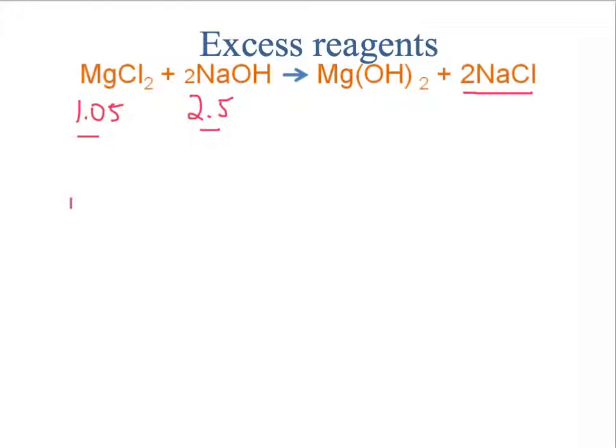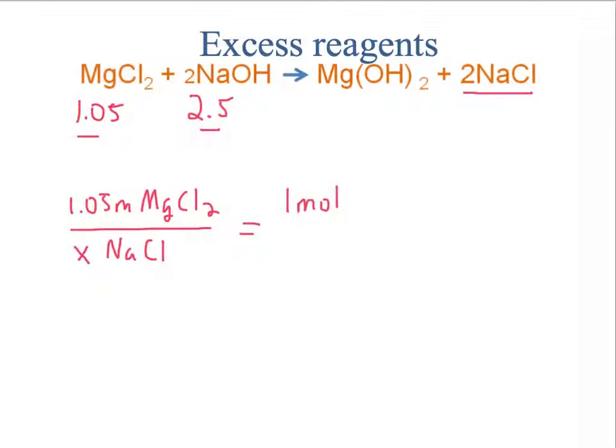So let's start out with magnesium chloride, and we're going to look at the molar ratios. We're going to say 1.05 moles of magnesium chloride over X moles of sodium chloride is equal to whatever we get in the balanced reaction, which is 1 mole MgCl2 for 2 moles of NaCl.